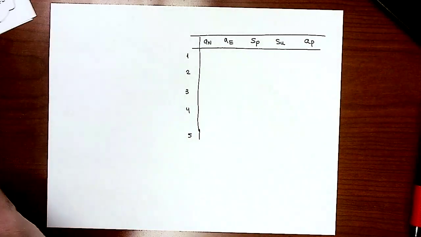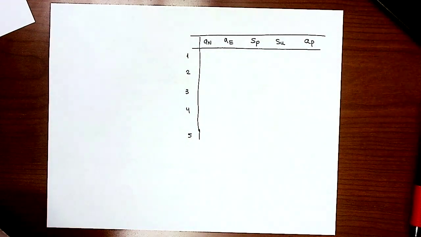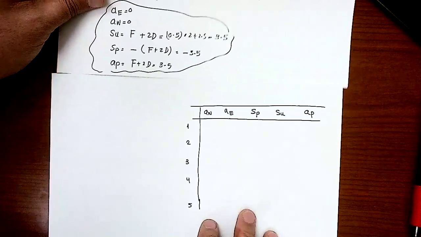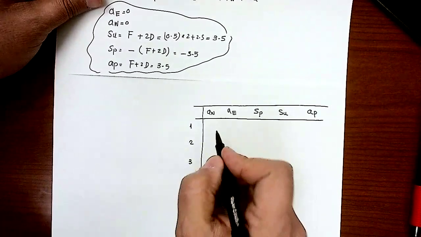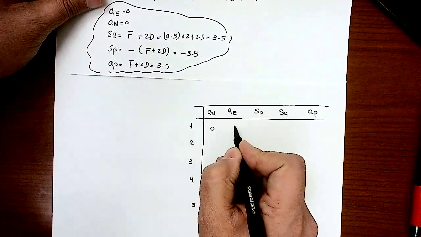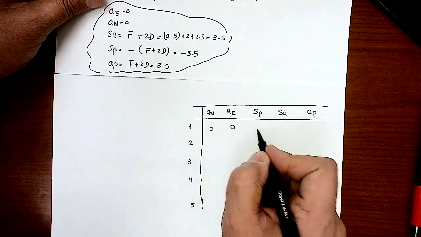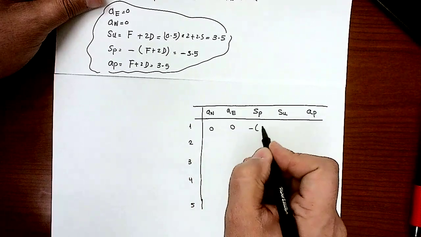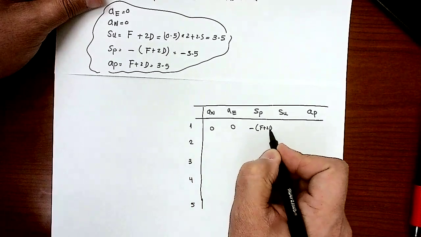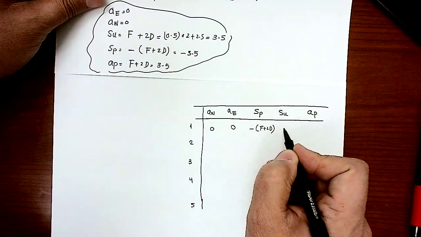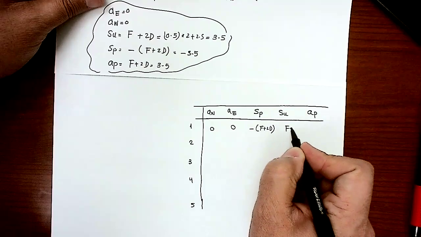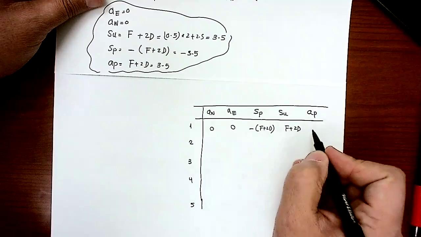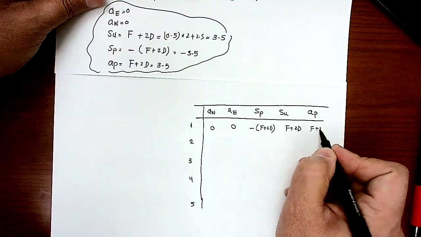Let's go back to the nodes here with node number 1. For node number 1, these are the values. So I got A West is equal 0, A East is equal 0, SP is equal minus F plus 2D, and SU is F plus 2D, and AP is F plus 2D.